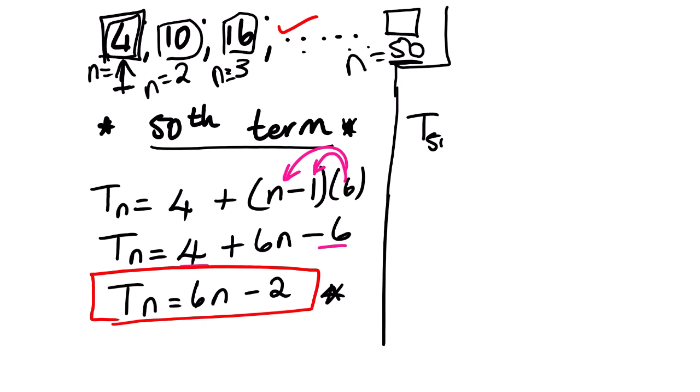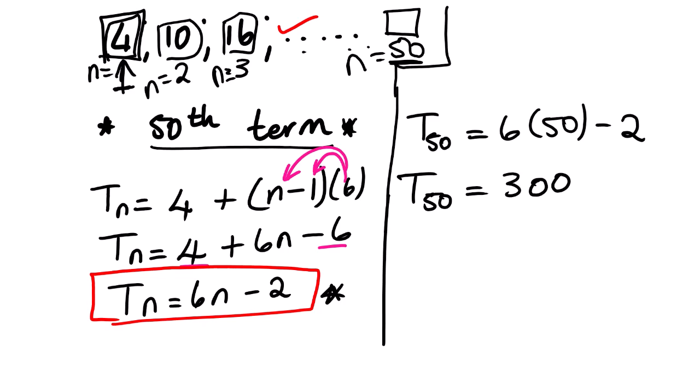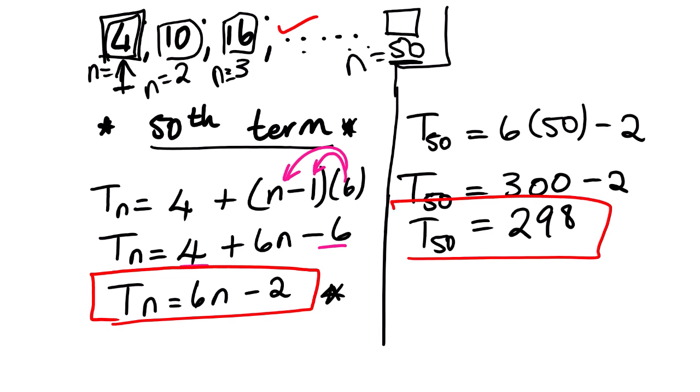So T50 equals 6 times 50 minus 2. 6 multiplied by 50 is 300, minus 2. 300 minus 2 is 298. So the answer is 298. The term which occupies position 50 is 298.